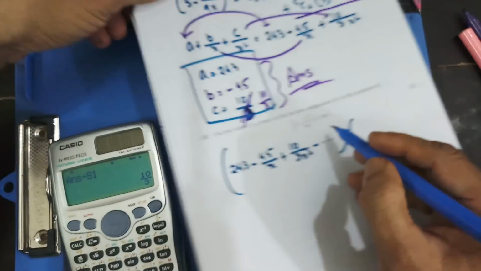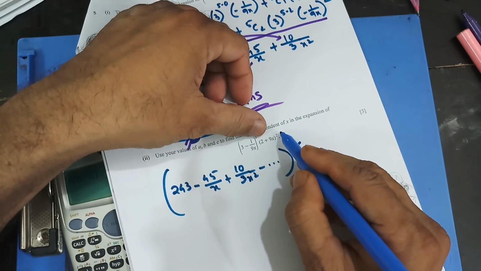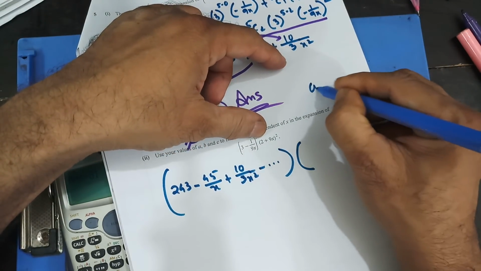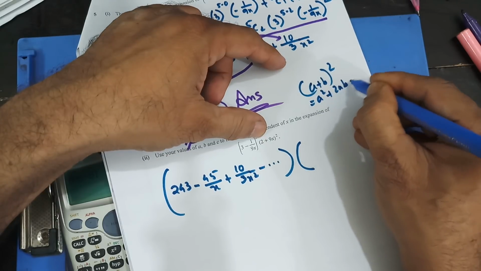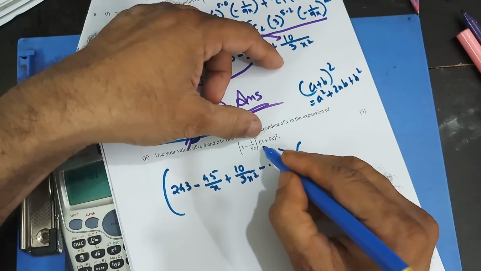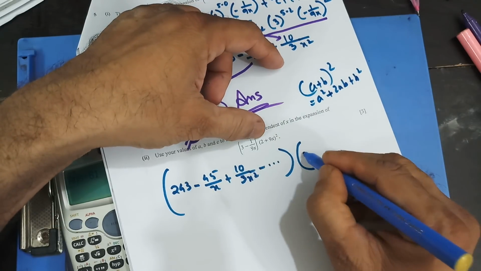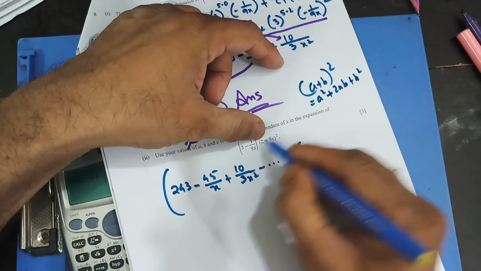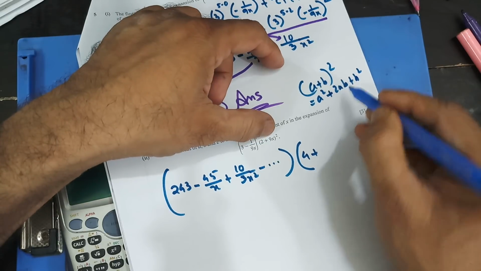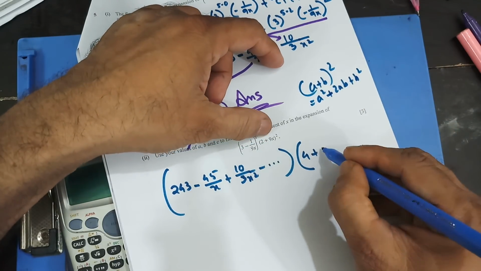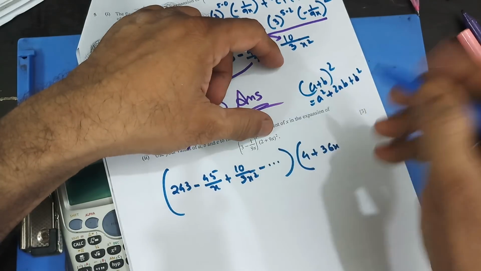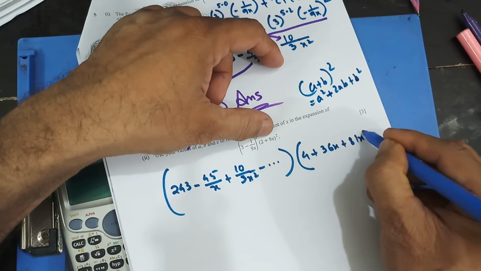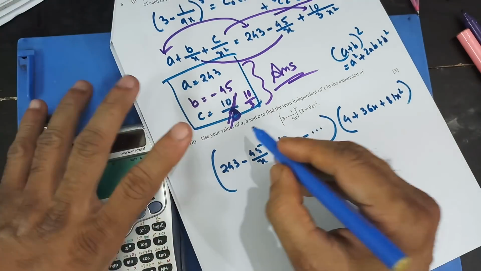And over here, 2 plus 9x whole square, that means in the form of a plus b whole square. And we know that it's going to be a square plus 2ab plus b square. And 2 square is 4, plus 2 times 2 times 9. So 2 2s are 4, 4 9s are 36x. And over here, b square means 9x whole square. That's 81x square.